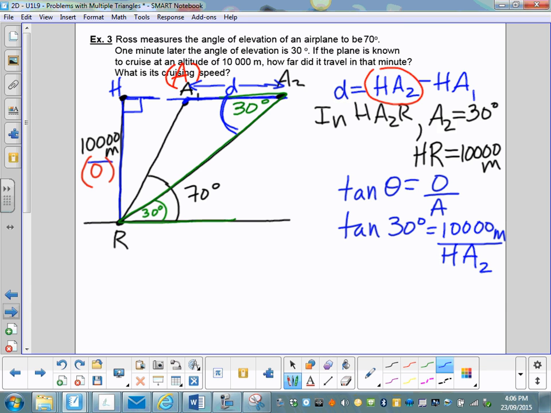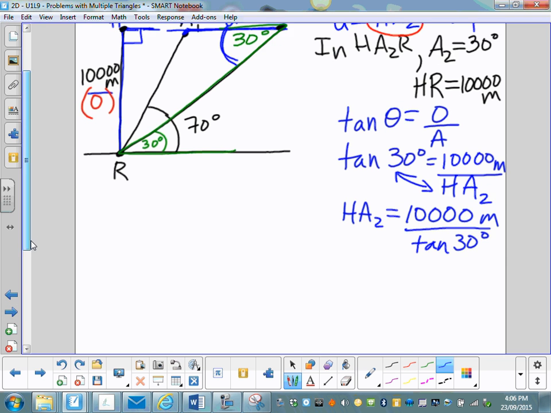So remember when we have this situation, we're trying to find HA2, so that means we're going to swap these two things with each other to calculate HA2. So 10,000 meters divided by tan 30 degrees. And when you do that calculation, if we round it to one decimal place, we're going to get 17,300 meters.